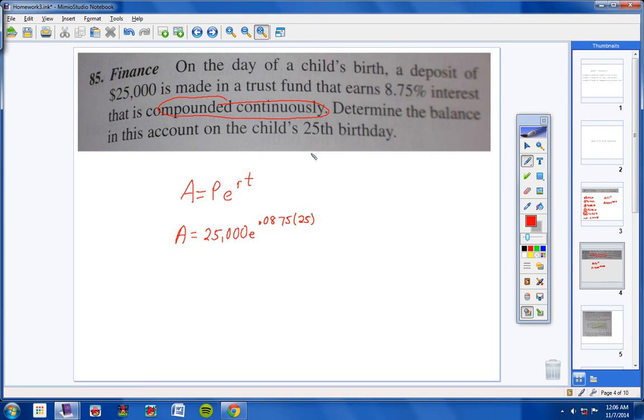So that would be for 25 years, okay? So, with your calculator, if you were to type this whole expression in, you should get this right here. This would be a really nice 25-year-old birthday present, wouldn't it, students? $222,822.